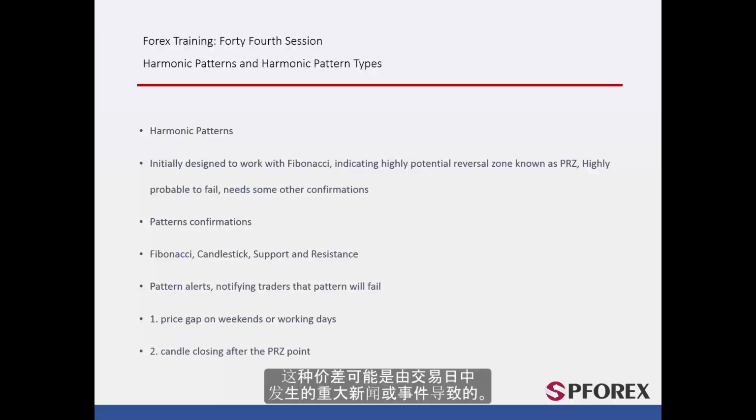A price gap may develop as a result of key news or an event during working days. Invalid signals can also occur due to inaccurate candlestick analysis. A candle may close far over or below a trader's speculations.